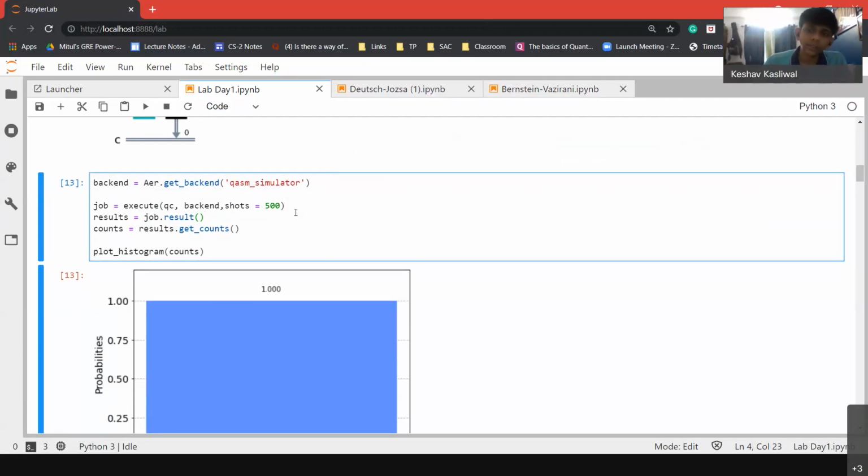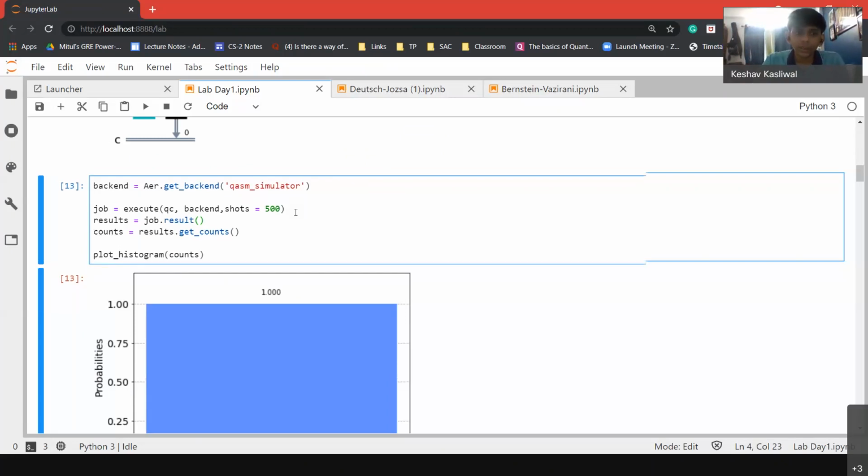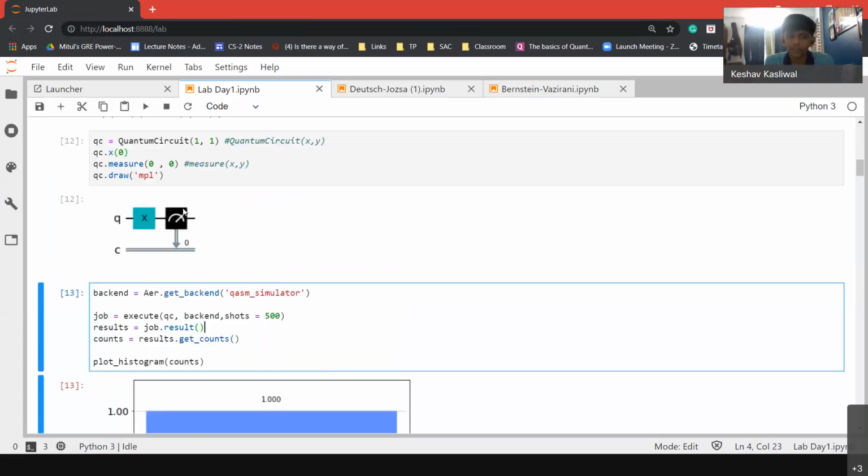That shooting means you iterate over that thing, shooting over it 500 times. So we have this circuit over here, we run it 500 times, and then we get that particular count, that particular output. That is the difference between shots and counts.